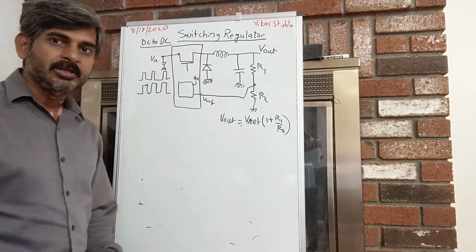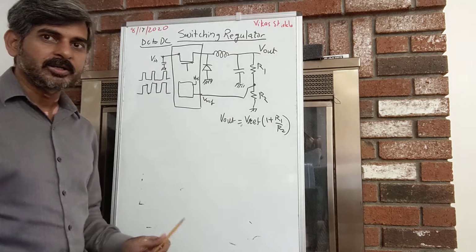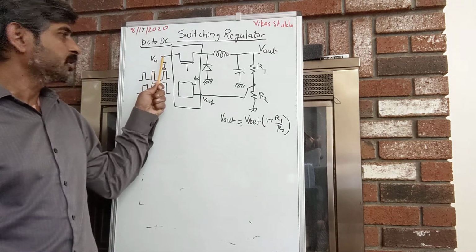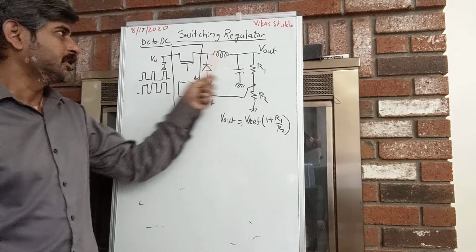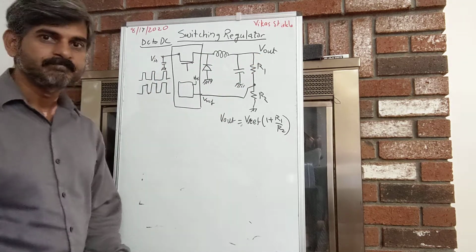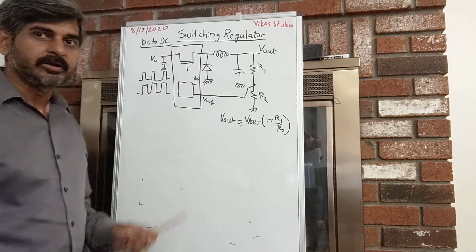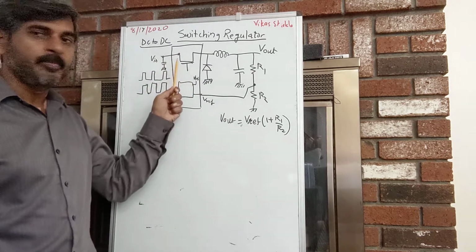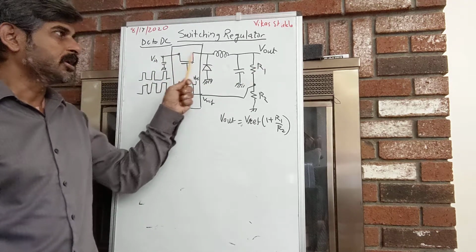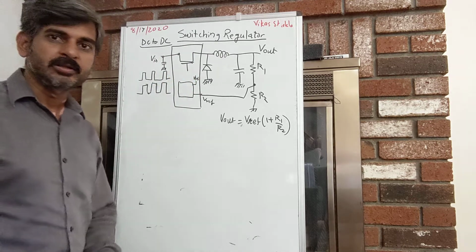In a linear regulator, there is an input voltage which is typically higher than the output voltage, and there is a voltage drop between input and output, which is lost as heat.